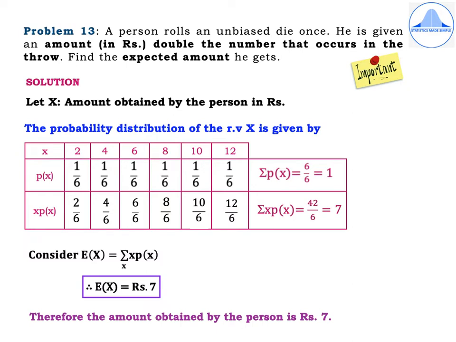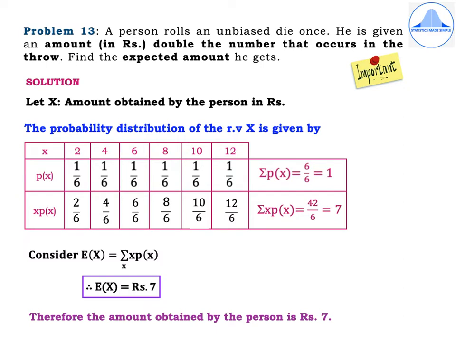So the probability distribution of the random variable X is given by: the X values will be 2, 4, 6, 8, 10 and 12. Now, when does the person get 2 rupees? He gets 2 rupees if the die shows the number 1, and the probability of getting the number 1 is 1 by 6.